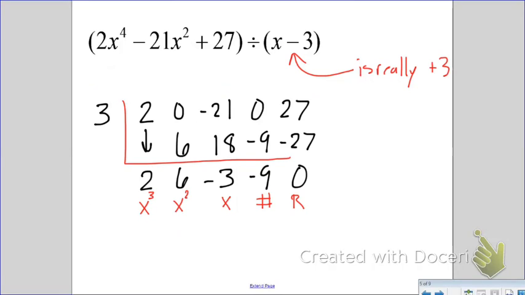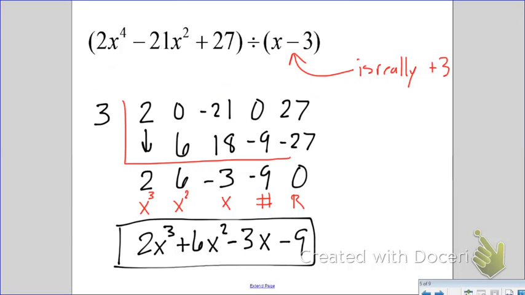So now I'm going to go ahead and start to construct this. I have a 2 in front of my x cubed. I have a positive 6 in front of my x squared. I have a negative 3 in front of my x, and I have a negative 9. Since I have no remainder, I don't write anything, and this is like this.